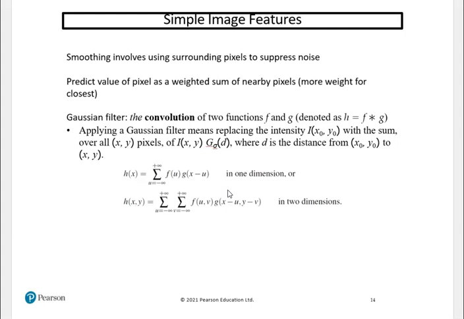The convolution operation in one dimension is a summation from negative infinity to infinity of f of u times g of x minus u. In 2D, we just replace the single summation with a double summation. The function becomes a function of 2D variables u and v, and the Gaussian is a Gaussian of x minus u and y minus v as well.